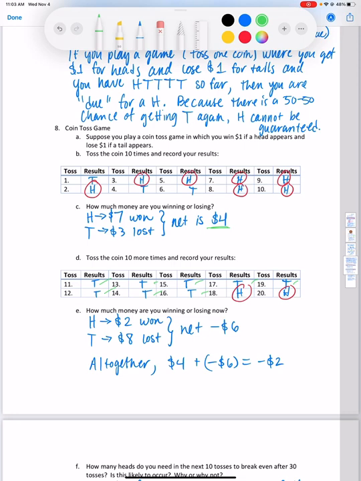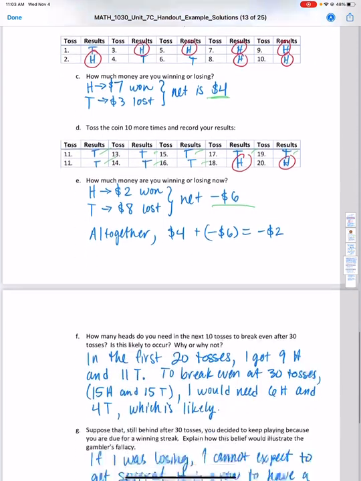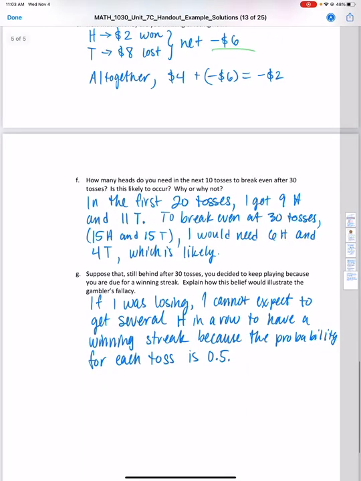So that plummeted my net to be negative $6. Okay. So cannot count on being due for heads. Okay. It could be just tails, tails, tails. Depending on how much you play. Okay. So that's our video. Please let me know if you have any questions.